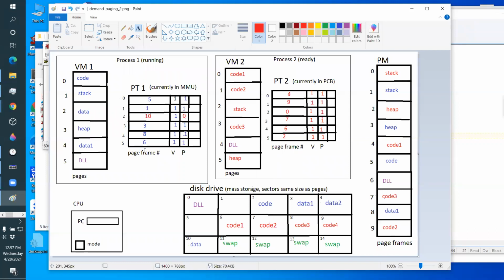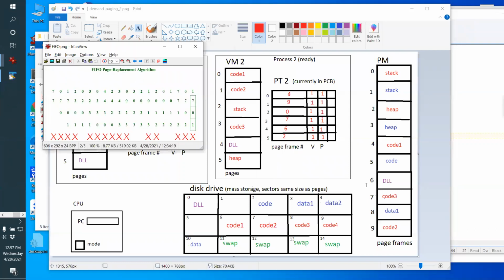So that means there's more over here than can fit in over here. So now what this picture is saying is access page 7. You read that as, okay, page 7 is brought into physical page 0. Then you access page 0, and page 0 is brought into frame 1.